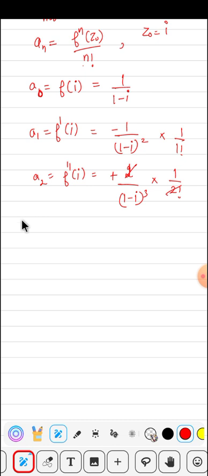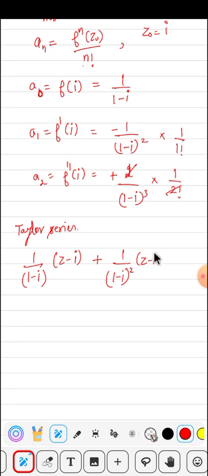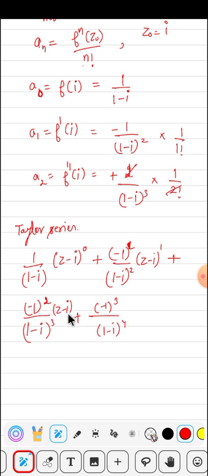In a similar way, if I write it down, I am going to have the Taylor series: 1 upon (1 minus iota) times (z minus iota) to the power 0, plus 1 upon (1 minus iota) squared times (z minus iota) to the power 1, and (1 minus iota) cubed, and so on, with (1 minus iota) to the power 4, and (z minus iota) squared, (z minus iota) cubed, and so on.